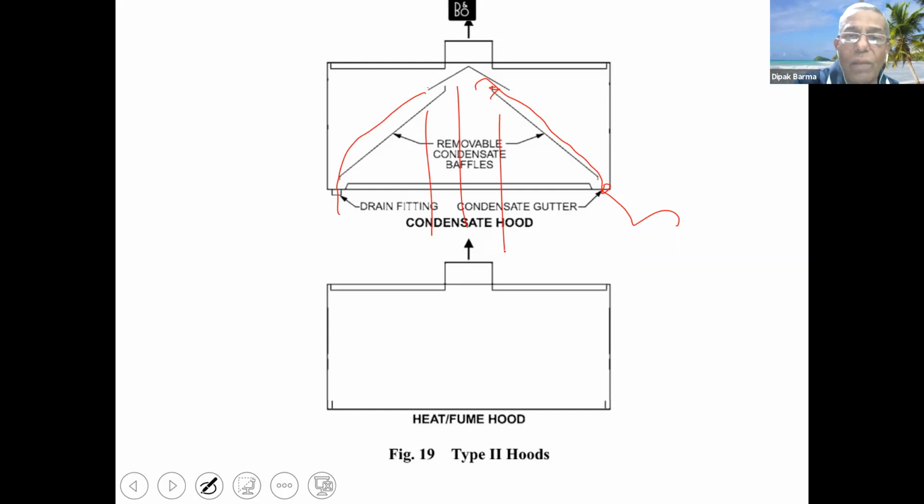So the baffle is provided to ensure that none of that condensation drops back into the space. And the heat and fume hood can be without any baffle, where you're taking out only the heat. Here this is for steam, so that condensate doesn't come down.